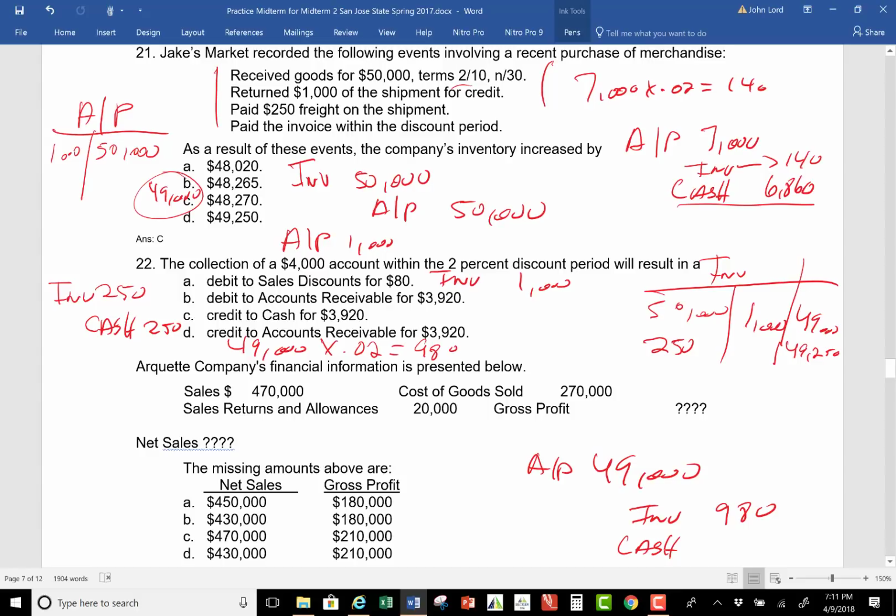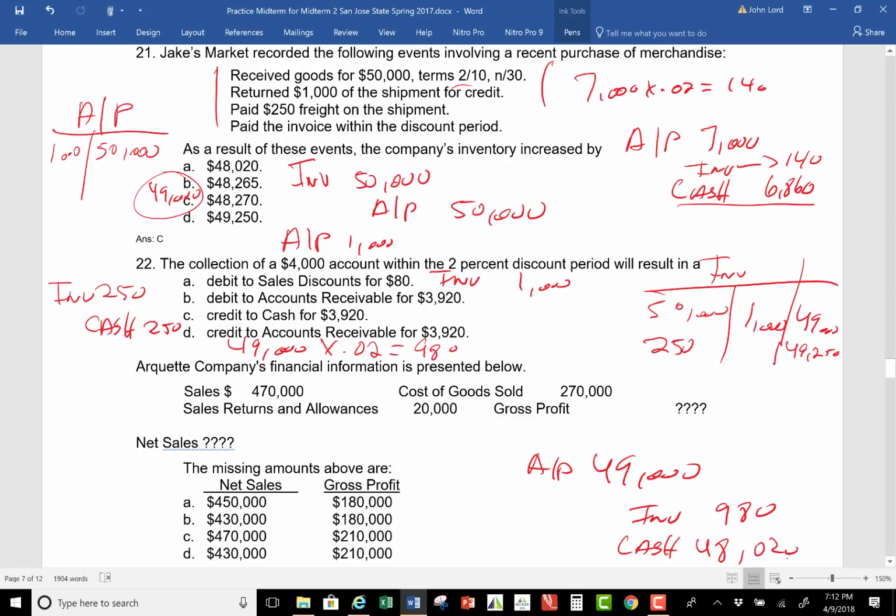How much is that cash that I have to give them? They gave me a discount of 980, didn't they? If I owed them 49,000, how much is that cash that I'm going to send them? 48,020? Okay, good. And so what happens?